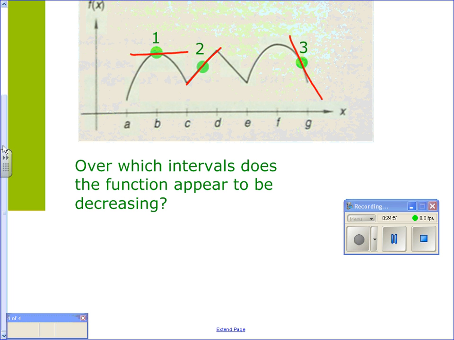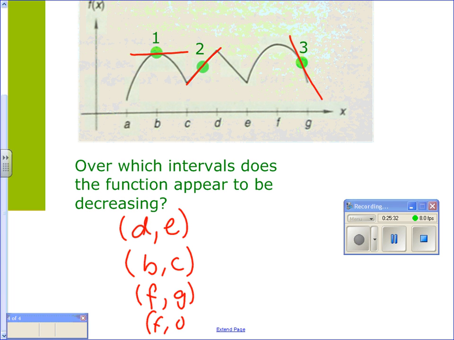Now it says, over which intervals does the function appear to be decreasing? What would be one interval where it is decreasing? In interval notation. Someone says D to E. Someone says B to C. Either F to G, or you could say F to infinity.